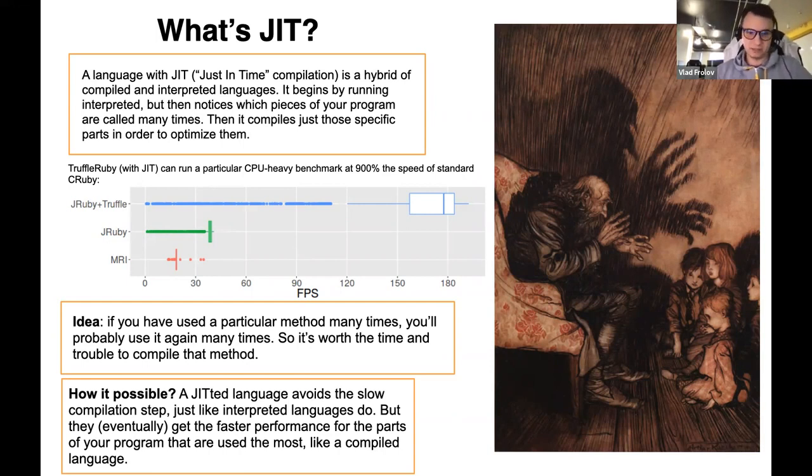The main idea: if you have used a particular method many times, you will probably use it again many times, so it's worth the time and trouble to compile that method. How is it possible? A JIT language avoids a slow compilation step, just like interpreted languages do, but eventually gets the faster performance for the parts of your program that are used the most, like a compiled language.